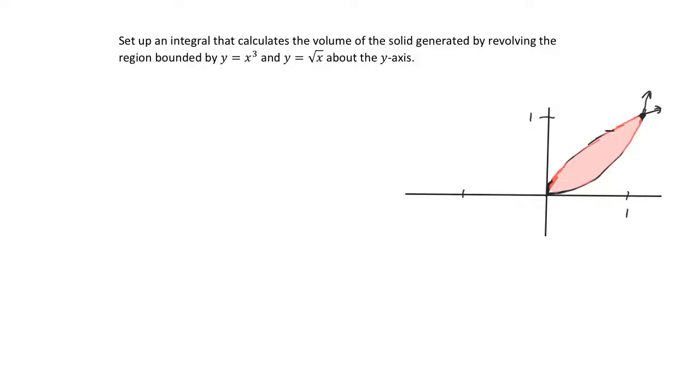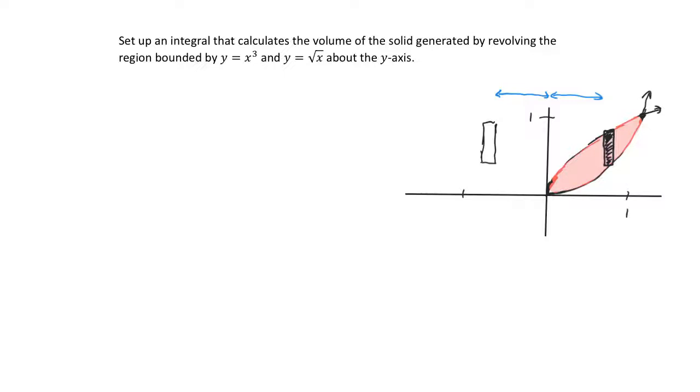So again, a tall, skinny rectangle, like so. We're going to revolve it about the y-axis. Well, that means we need to draw the mirror image of it on the other side of the y-axis. This arrow is going to serve 2 purposes for us. One, to figure out how far we are away, and the other as we calculate something else later. But we're going to have that same rectangle over here.